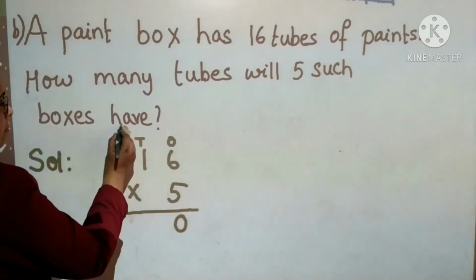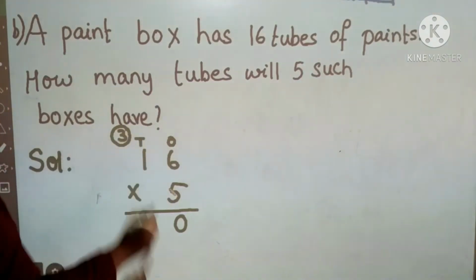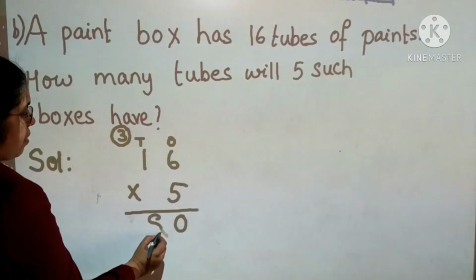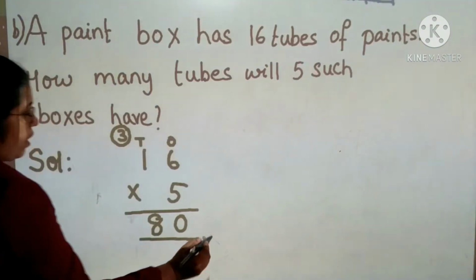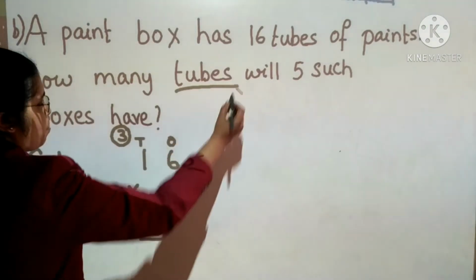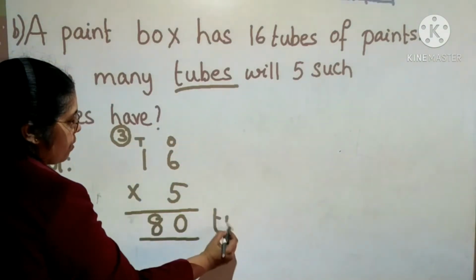Carry 3. 5 ones are 5. 5 plus 3, 8. 8 what? 80. This is 80. 80 what? 80 tubes. Write tubes with that.